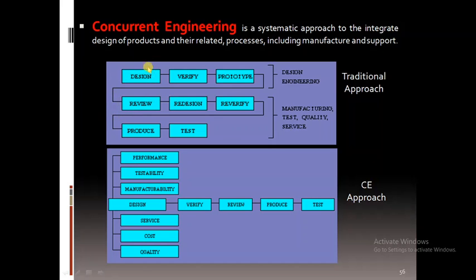Again they have to redo the design, verification, and prototype. This rework is avoided here, because you decide all the things at the initial stage, so there is no need to go back to the product again. When everything is decided at this initial stage, it moves further in a proper way. So this is the concurrent engineering approach, and this is the traditional approach.